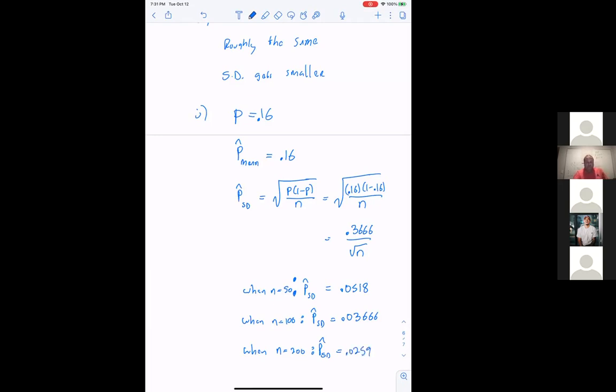Now go back to the previous page. Is that what we get for the standard deviations for n equals 100 and n equals 200? Come on, guys.